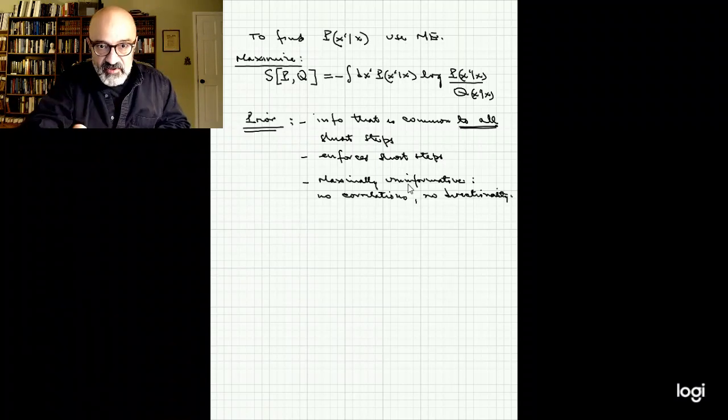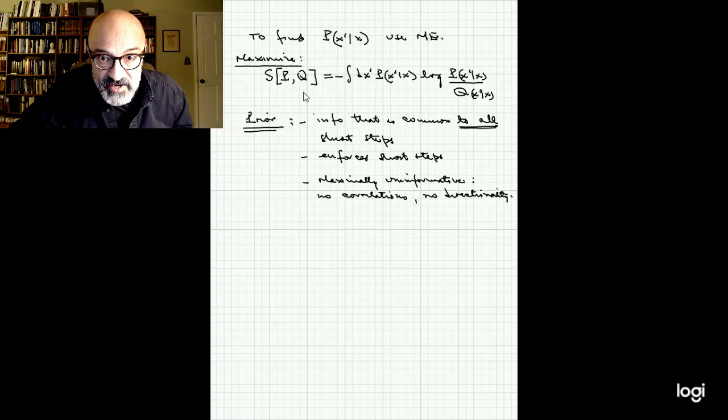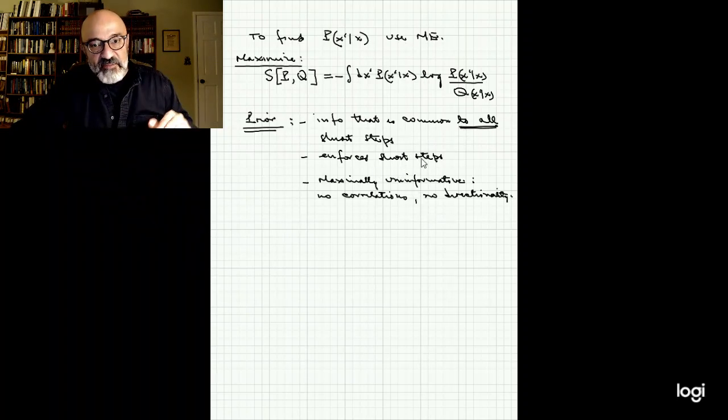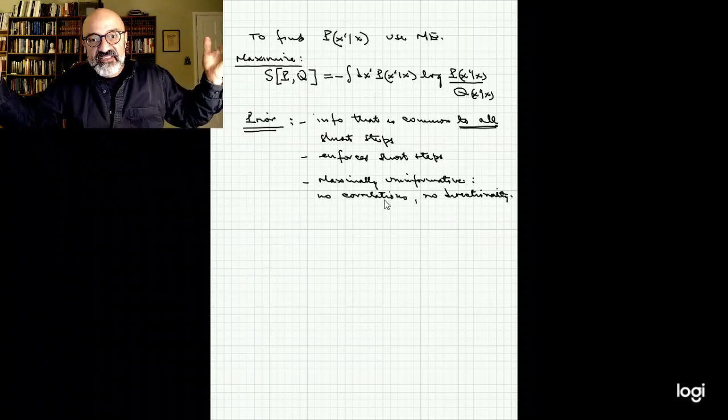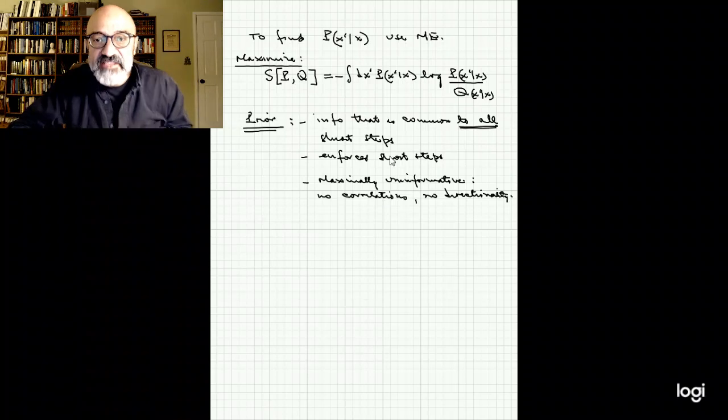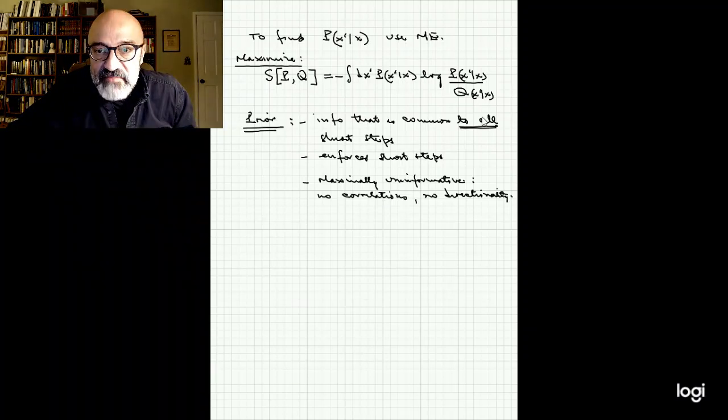Of course, this is all at the level of the prior. When we actually want to compute what the transition probability is, we're going to have to introduce all of that information, right? But right now, we want something that's common to all steps, enforces short steps, and otherwise doesn't tell you anything. So let's determine the prior by using maximum entropy.